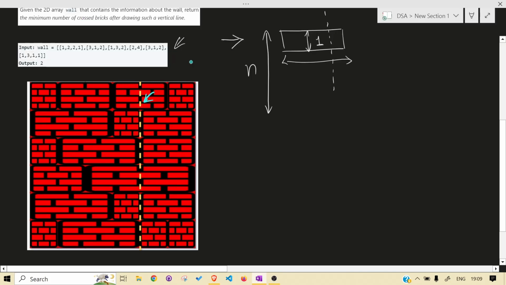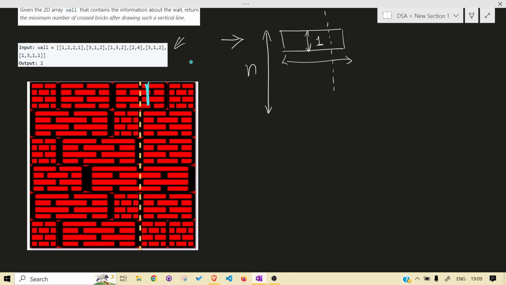While making this line, you can see it passed through this and this one. Also, the problem says that if the line passes along the edge between two bricks, it doesn't count as crossing either of the bricks. So that's what happened in this case.